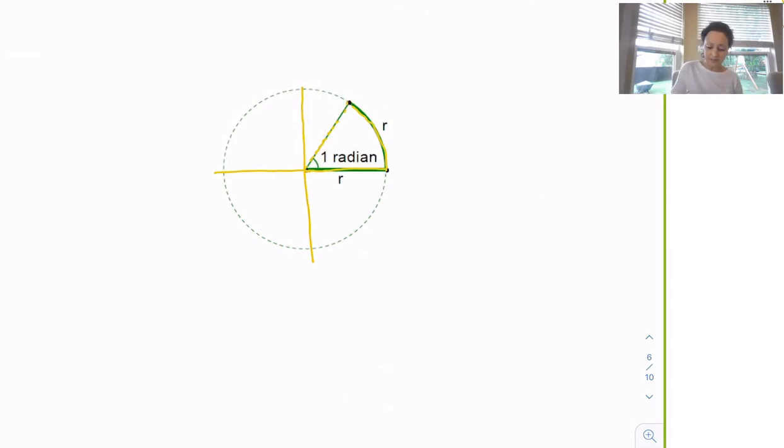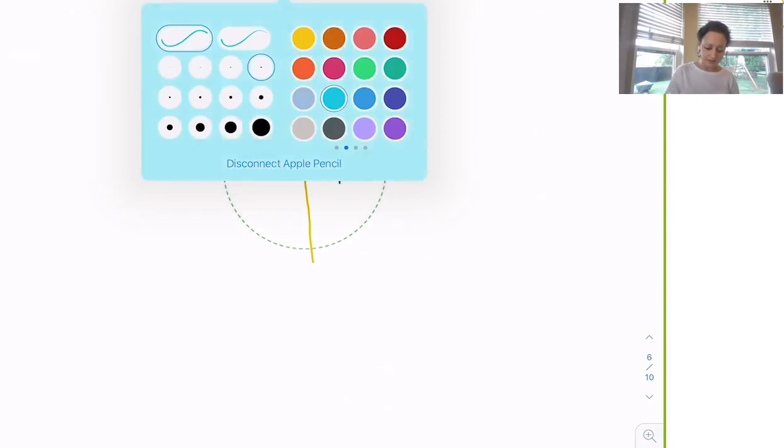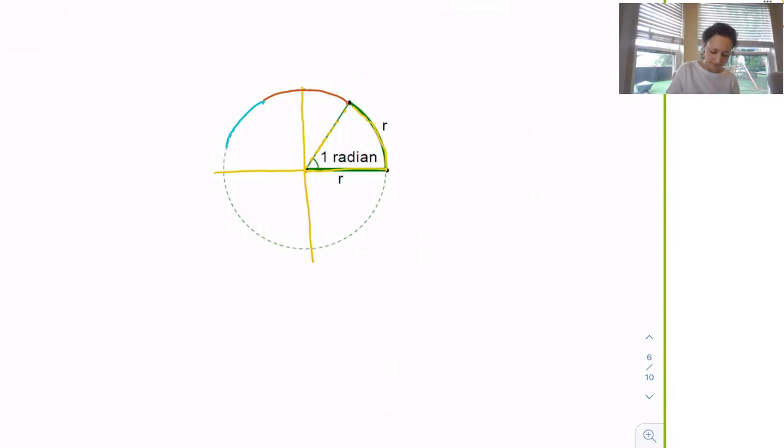If I take that same length and continue on, approximately there? And the 3rd radian is going to be approximately there. Do you see we've got a little bit more than 3 to get to half a rotation, right? Any idea approximately how many radians we're going to have to get to that full 360 degrees?